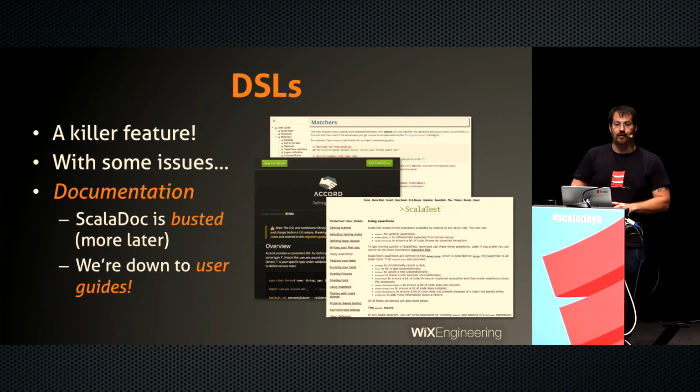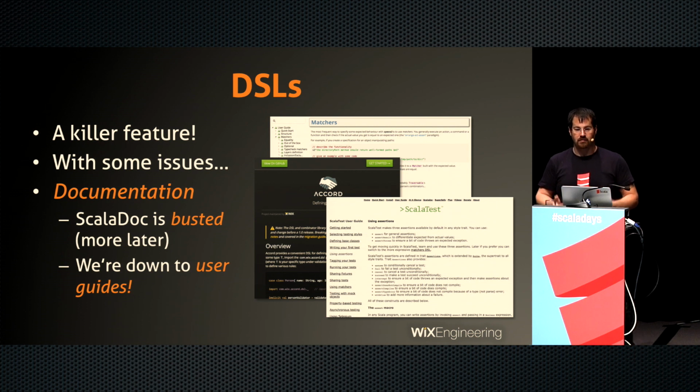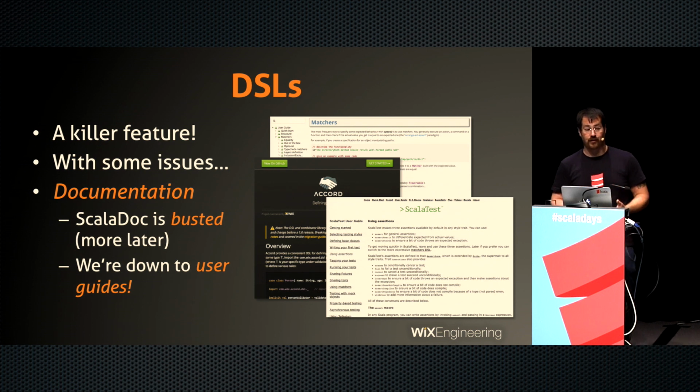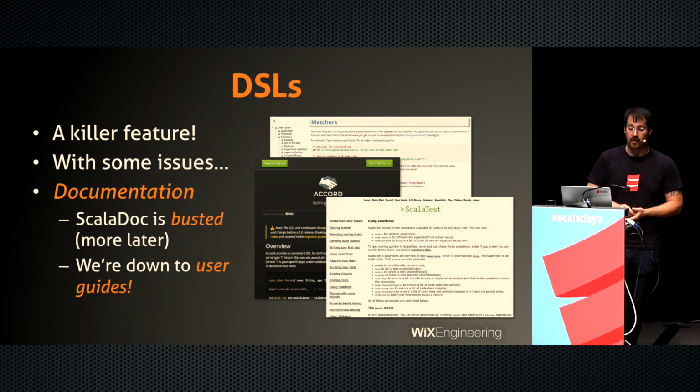We're basically down to user guides. So if you use any meaningful Scala library, be it ScalaTest, Specs2, Spray, whatever, pretty much any library that features a domain-specific language, you're basically down to using user guides to figure out what is going on and how to use these libraries.